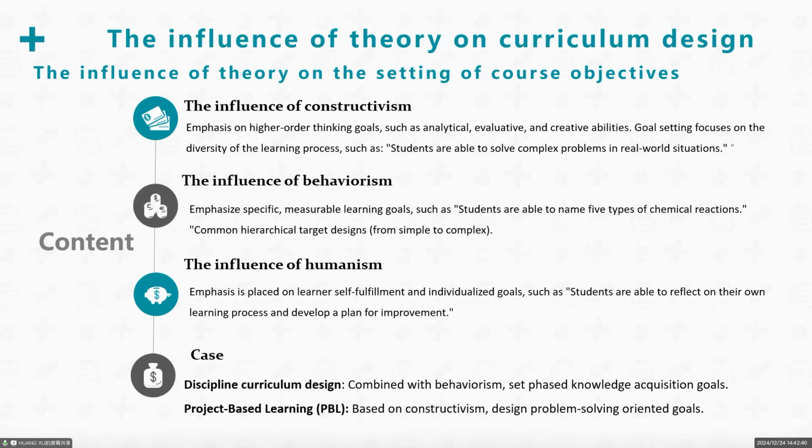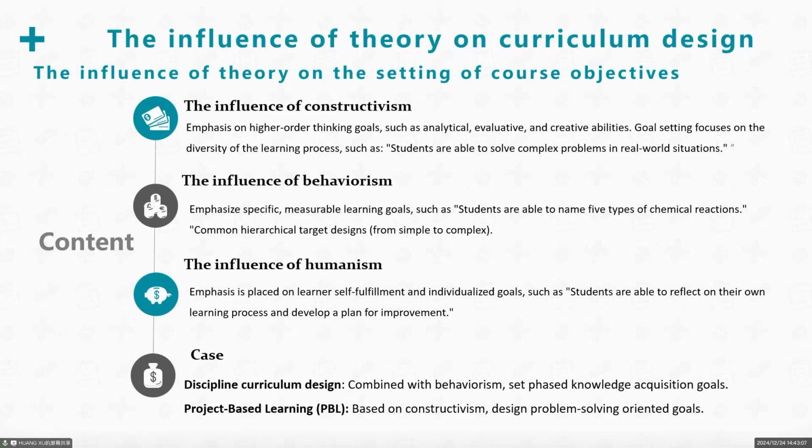Goal setting focuses on the diversity of the learning process, such as students are able to solve complex problems in real-world situations. Next is the influence of behaviorism, which emphasizes specific measurable learning goals, such as students are able to name 5 types of chemical reaction.